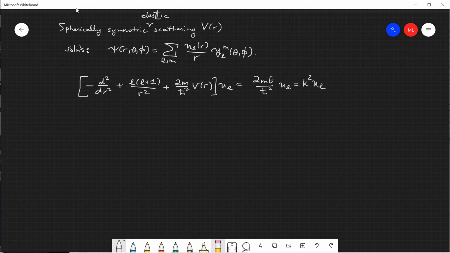So if you're coming in with some incoming particle with some kinetic energy related to a wave vector magnitude k, then that energy is conserved. So that is the energy. That's why we can substitute 2mE over h bar squared as just k squared.